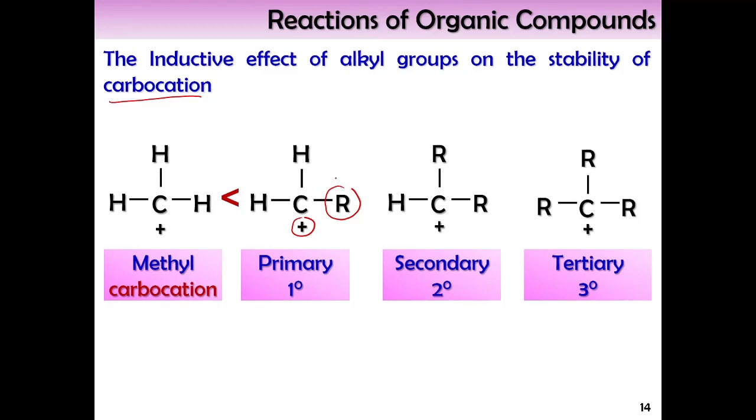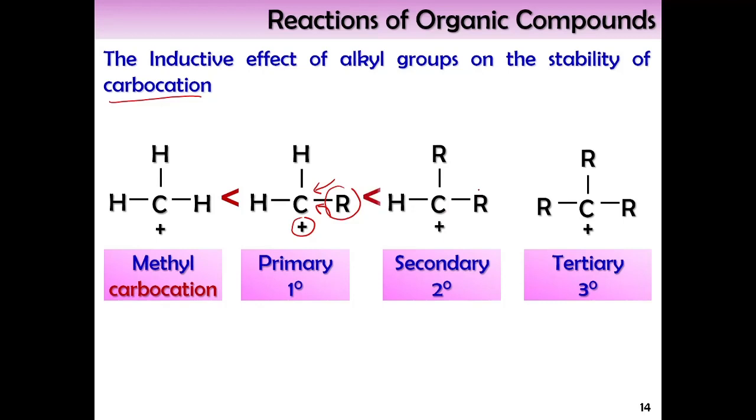R is an EDG, so it will donate electron cloud to the carbon here. So the carbocation becomes less positive, because R is donating electrons. When it becomes less positive, it is more stable.